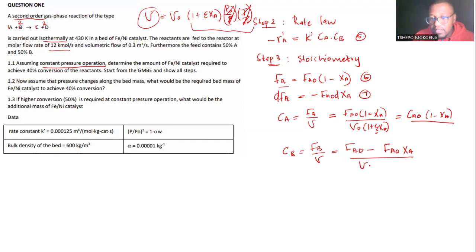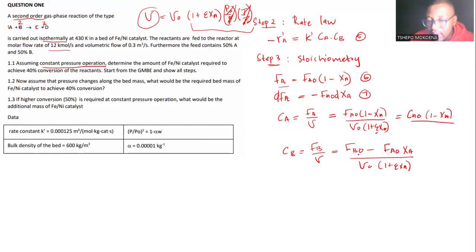So it's going to be V sub naught, 1 plus epsilon X_A. So now, stoichiometrically, this is how we calculate the molar flow rate of B remaining, right?